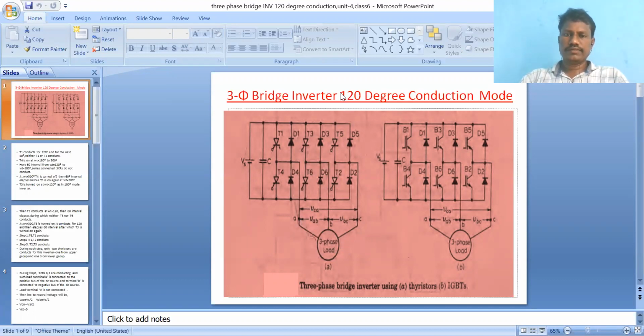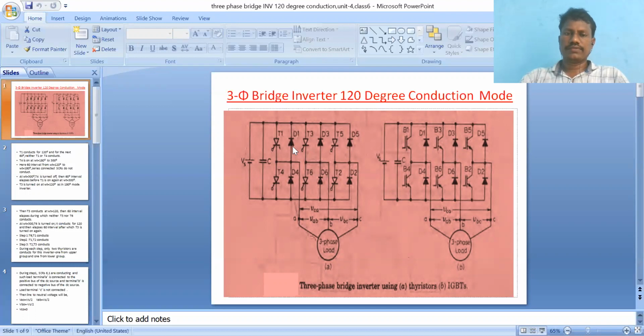The name indicates it is 120-degree conduction mode, which means each thyristor conducts for 120 degrees only. Suppose T1 conducts 120 degrees, T4 conducts 120 degrees, T3 120, T6 120, T5 120, T2 also 120. Clear?